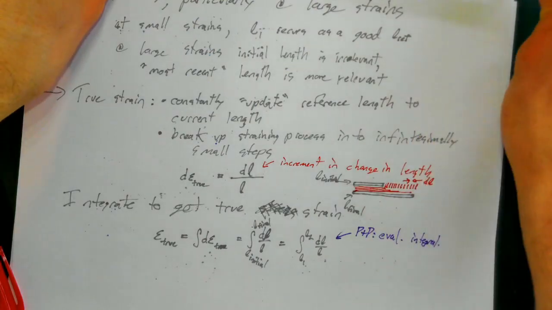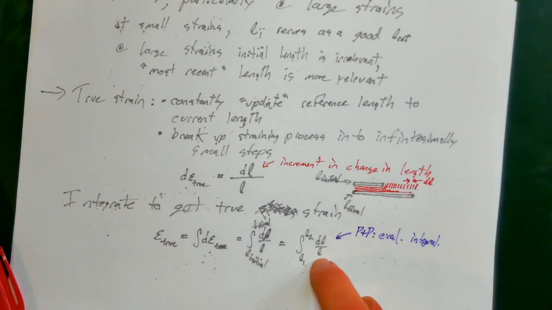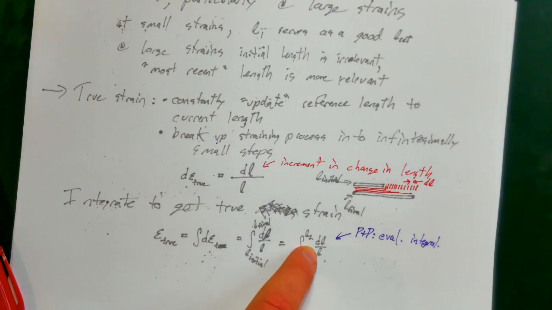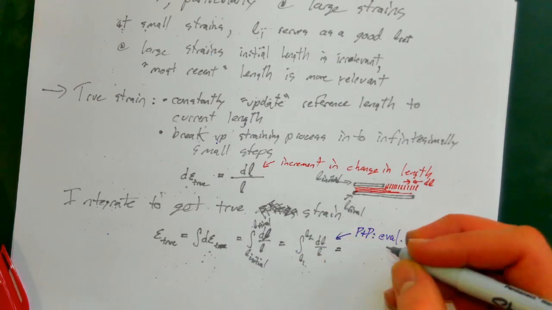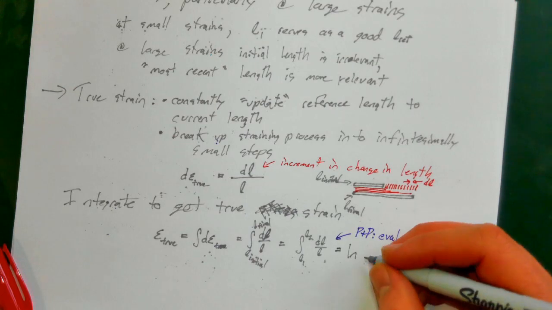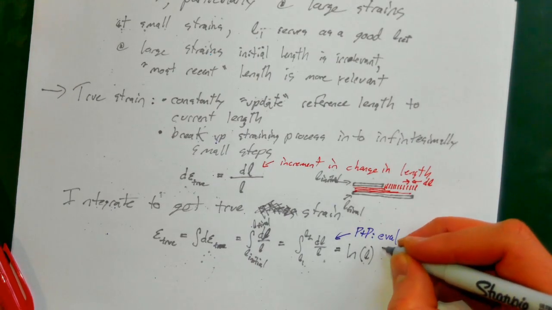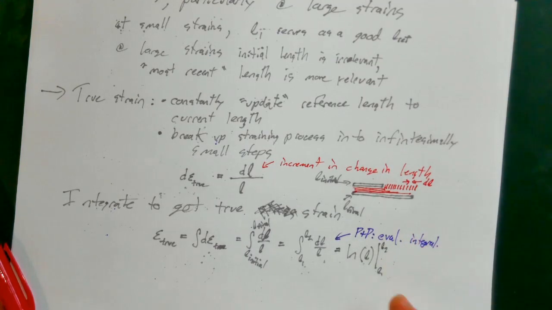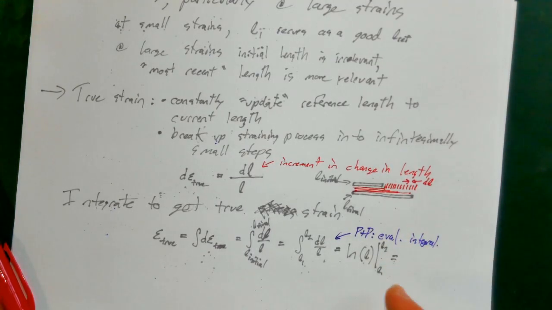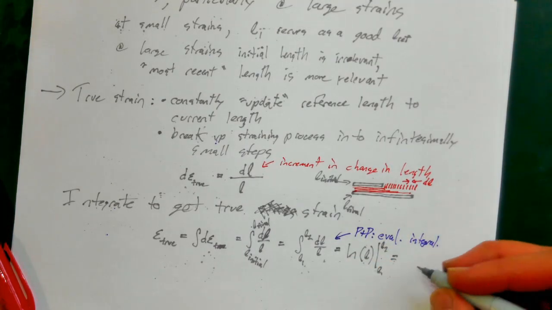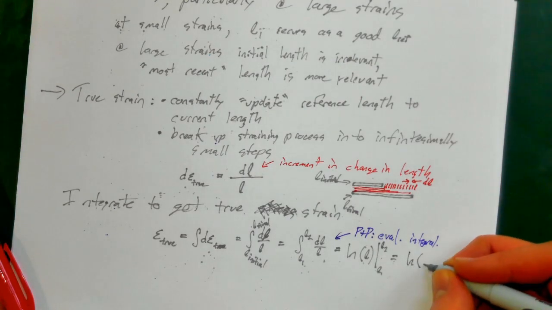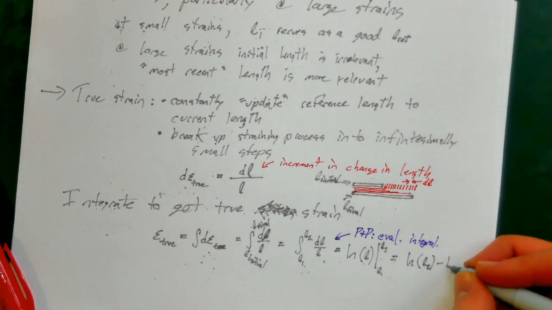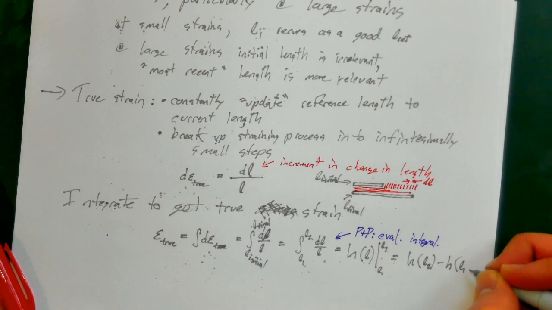All right, well, hopefully you've had a chance to do out the integral. Remember, we're essentially integrating 1 over x dx, only instead of x, we have L. So this ends up being natural log of L, evaluated from L1 to L2. If you sub in the limits of integration, we get natural log of L2 minus natural log of L1.